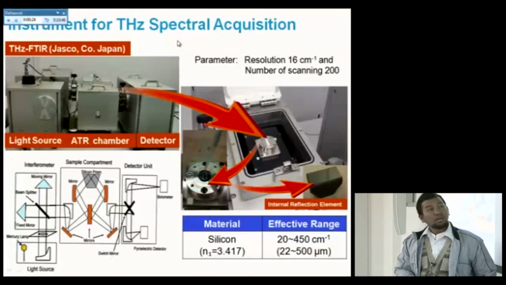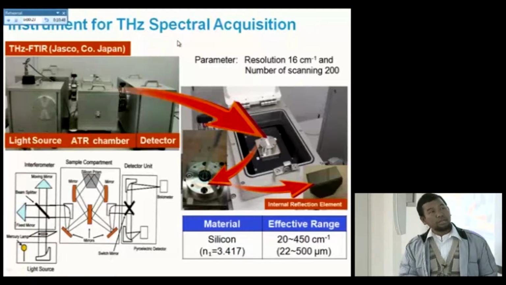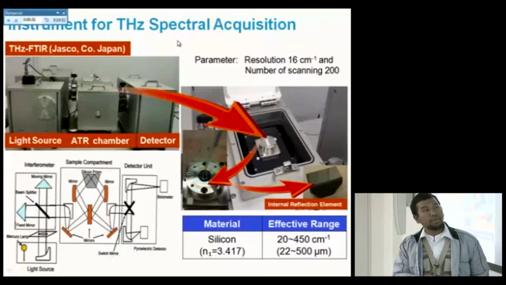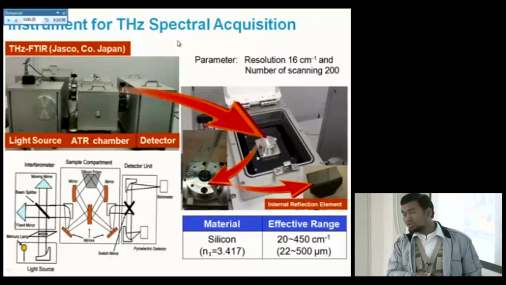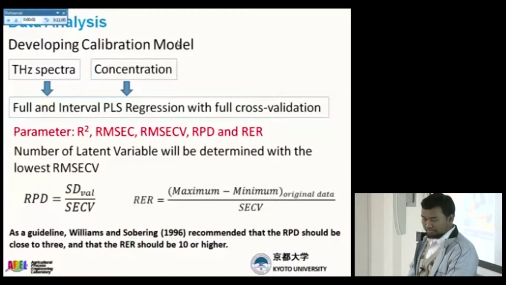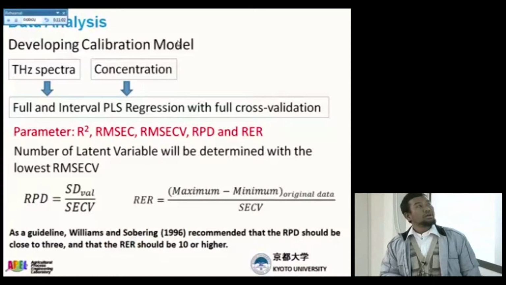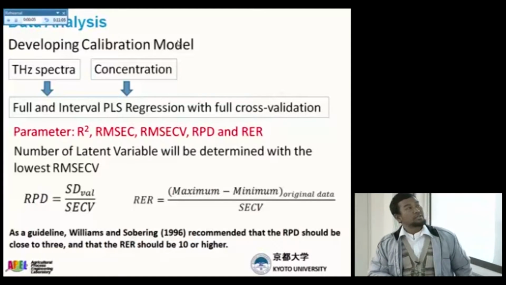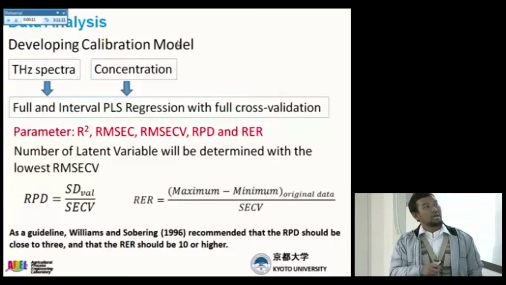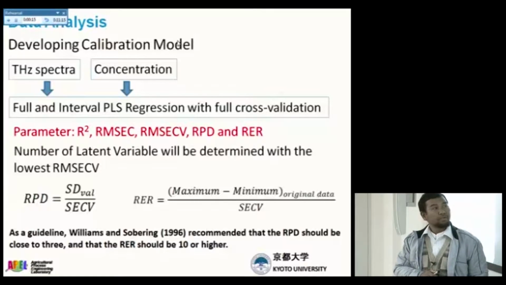So the spectral data of the sample and also the air reference will be acquired using these parameters, 16 per centimeter of resolution and 200 number of scanning. In data analysis, we will use multivariate analysis to extract the relation between this terahertz spectral data and the concentration of vitamin C data.